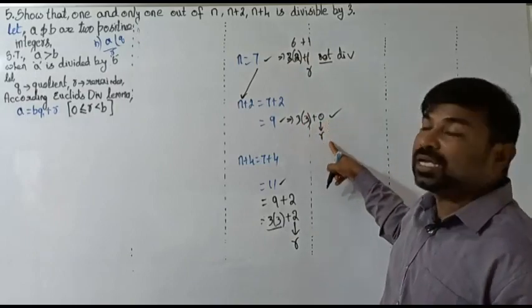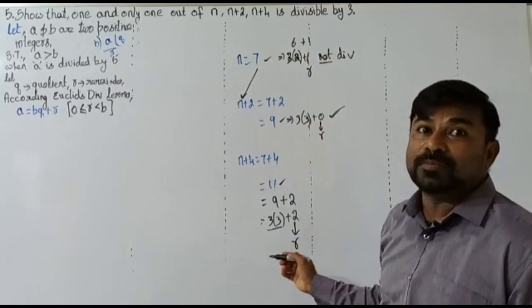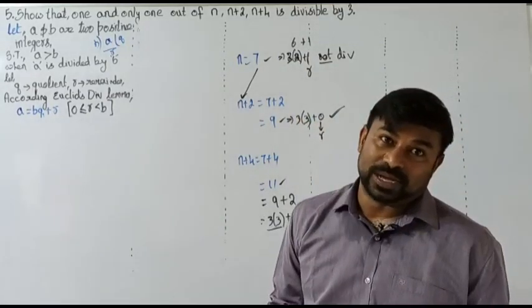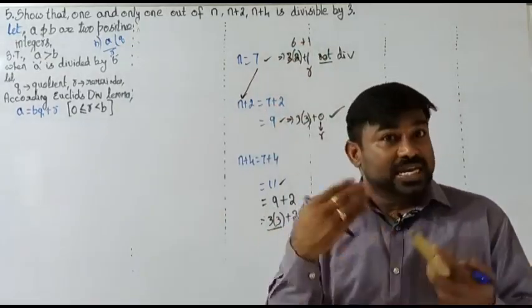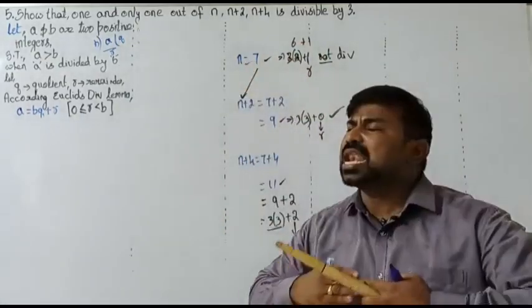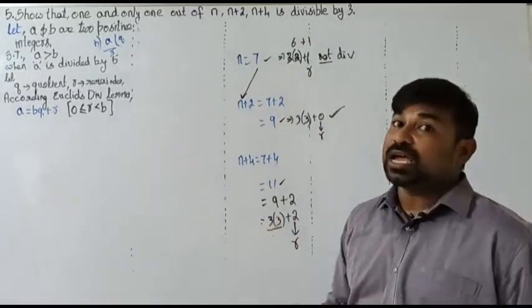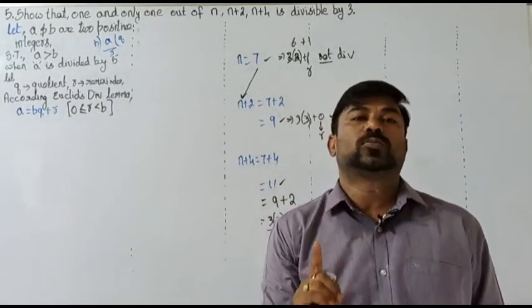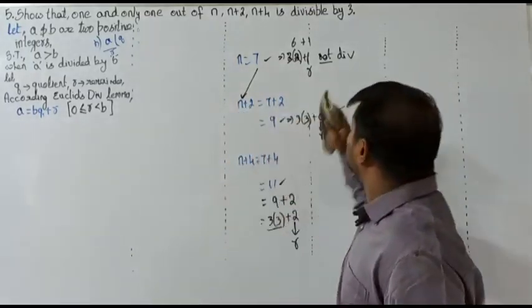Here we are getting remainder 0, therefore it is divisible by 3. And here we are getting remainder 2, it is not divisible by 3. Why? Because remainder is 2. Means out of these 3, any one. In the same way, you can take n as any number. If you check like this, out of that, any one is divisible by 3, not all. This is what we are going to prove in this concept now.